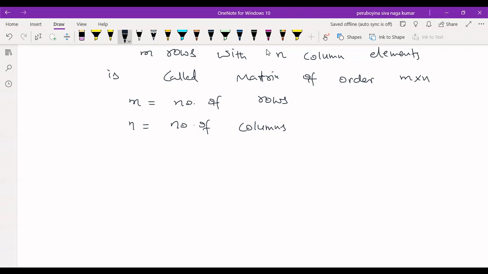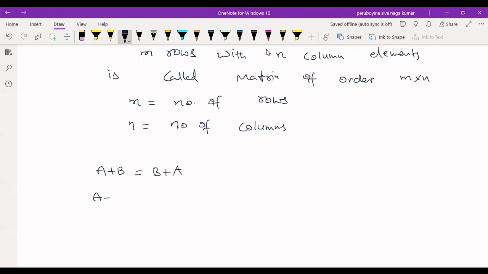Addition of two matrices: the number of rows and number of columns will be the same in both matrices. Addition properties: A plus B is equal to B plus A, that means addition satisfies the commutative law.